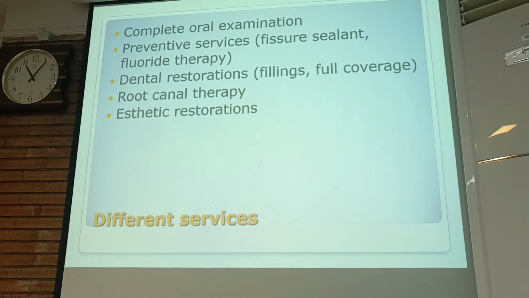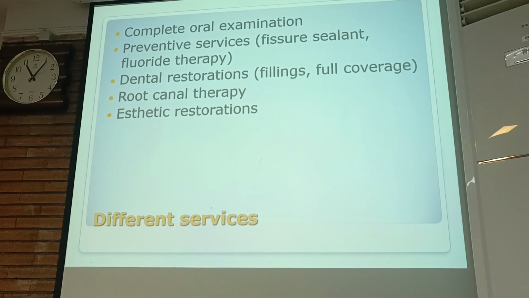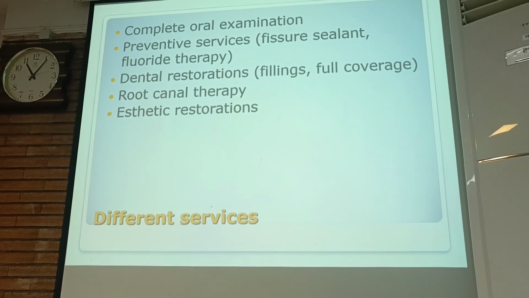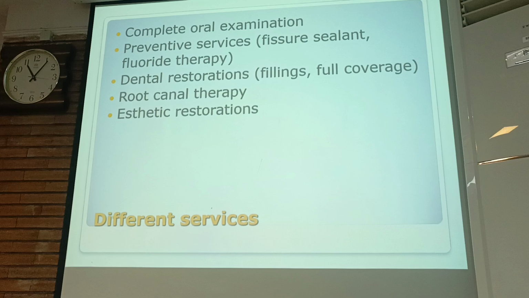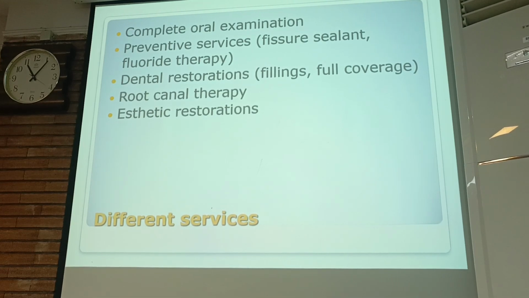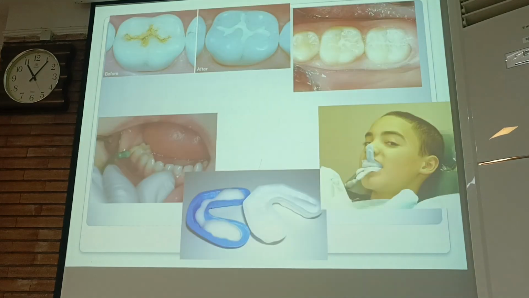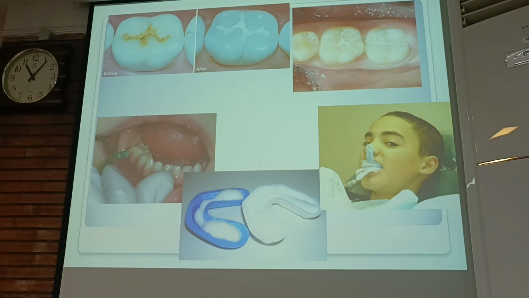For example, we have fissure sealant and fluoride therapy. I will explain more about this kind of preventive service. And we have dental restorations, different fillings and full coverage, root canal therapy, and aesthetic restorations. You can see here, at the top of the slide, fissure sealant.